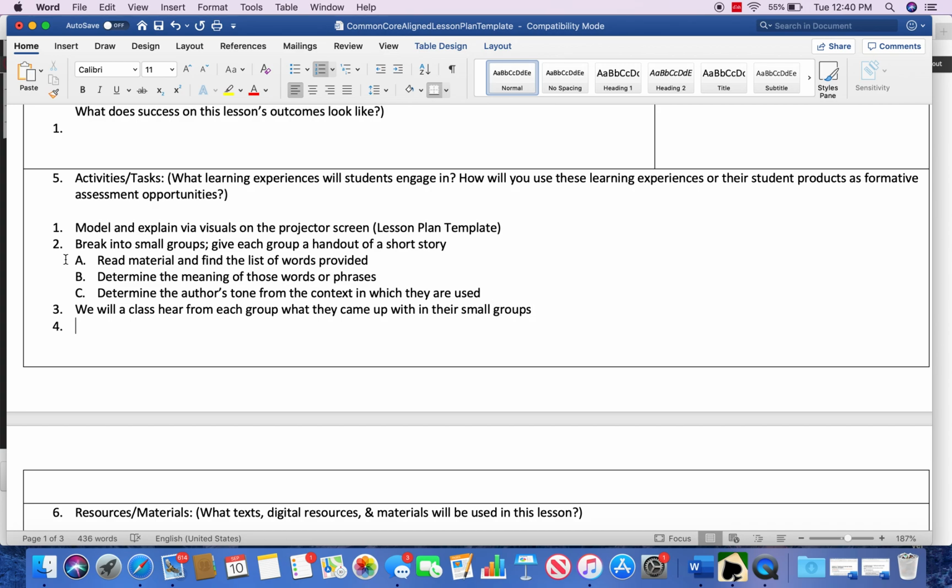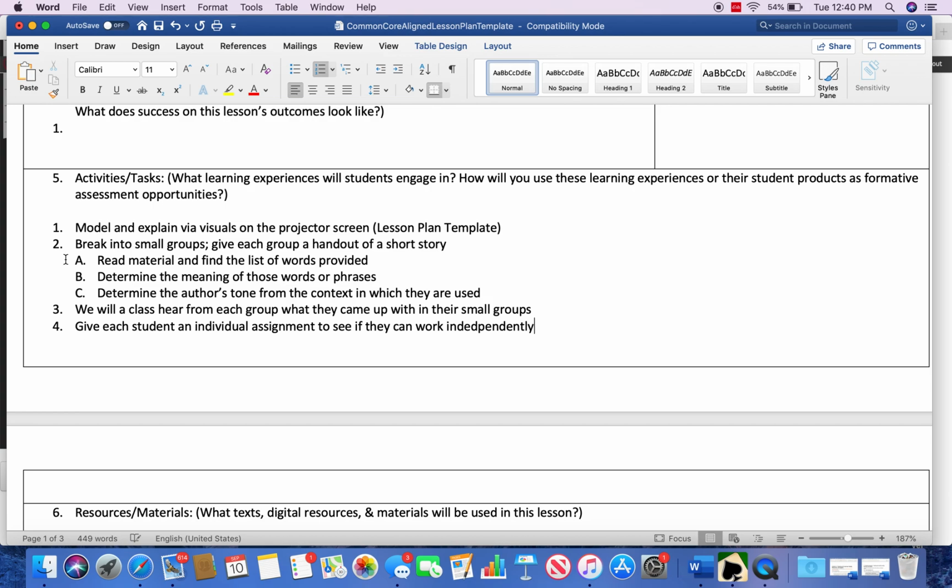Okay, and then 4, give each student an individual assignment to see if they can work independently.